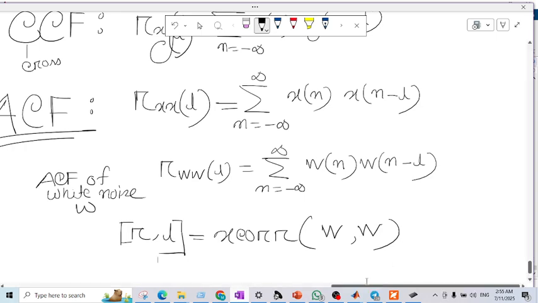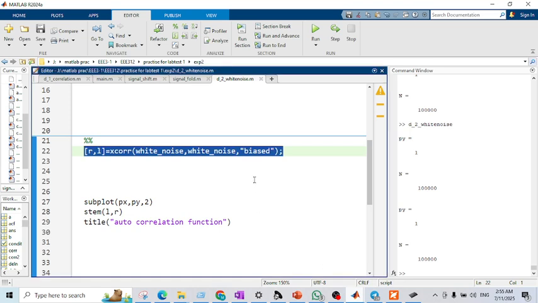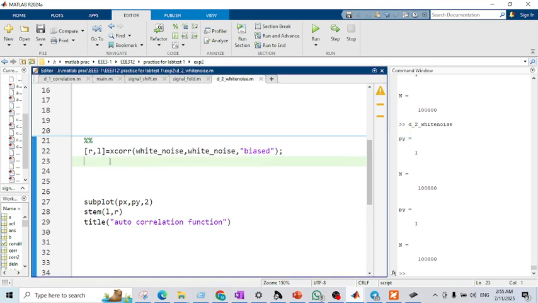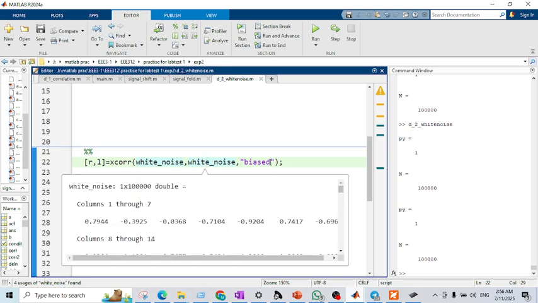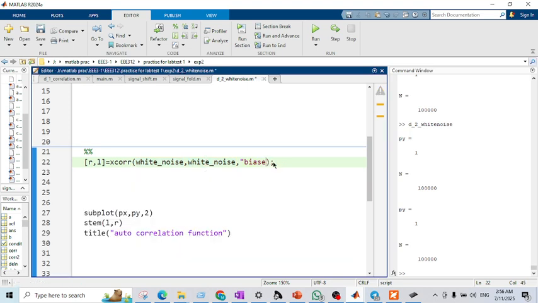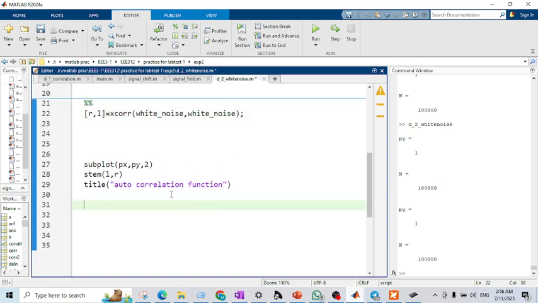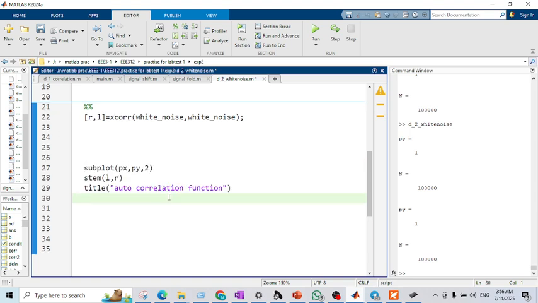Okay, so let's go to our code. In this line we have used xcorr, we have passed the white noise twice, and I have written 'biased'. Let me omit this and then I will tell you why I have written it. Now let's plot this autocorrelation function and see what happens.